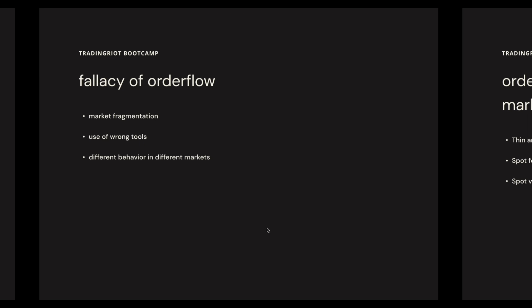So using a footprint chart on a daily time frame doesn't make any sense, because you are looking at these immediate actions in the market, and you want to be benefiting from them.